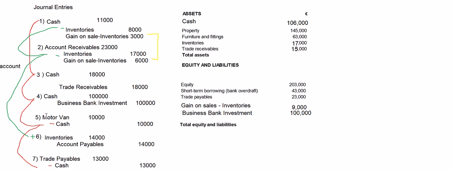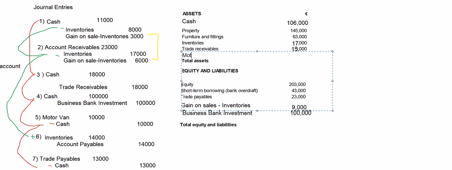The next one, we have motor van. Let's see, on the assets, so we put motor van in here. And we got about 10,000.